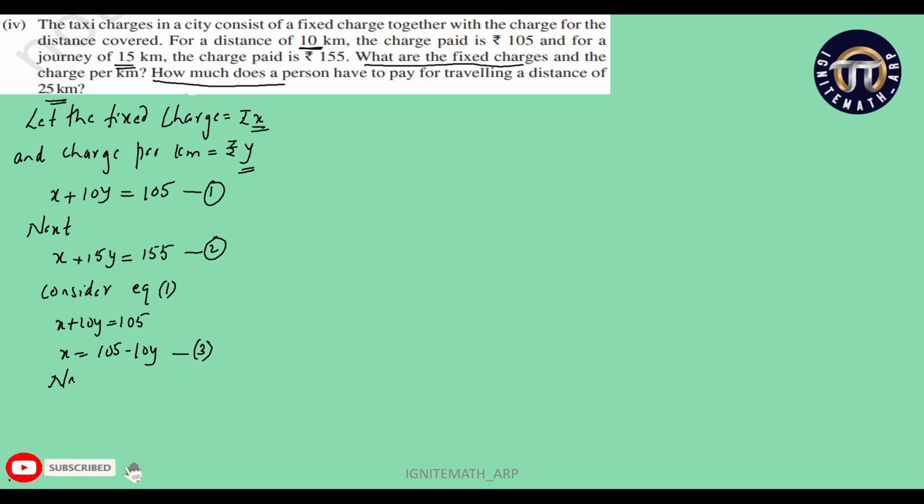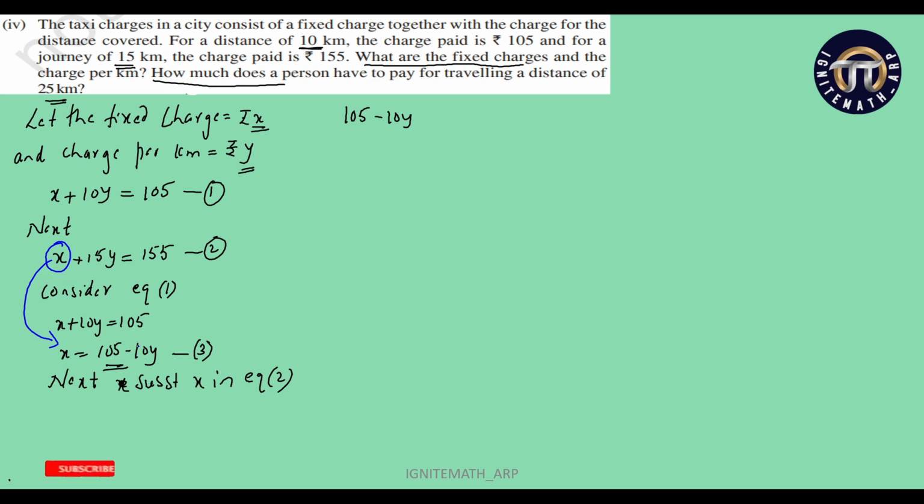So next what I'm going to do, pay attention children. Substitute x in equation 2. When I substitute x in equation 2, x is what, children? It is 105 minus 10y. So 105 minus 10y in the place of x. Are you getting it? Here this is x. In place of x, I have written 105 minus 10y.